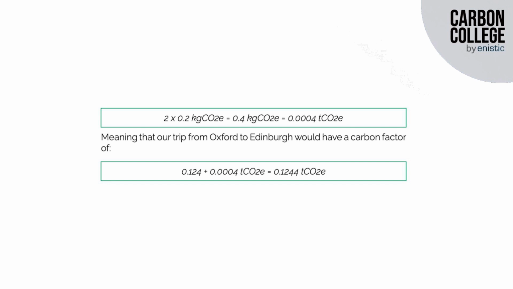That means the total footprint would be the footprint of the petrol plus the footprint of the chocolate bars. So 46 litres at 2.7 kilograms of CO2 per litre gives us 124 kilograms for the fuel. Then we've got 2 times 0.2 kilograms, which is 0.4 kilograms, giving us a total of 124.4 kg CO2 for that journey.